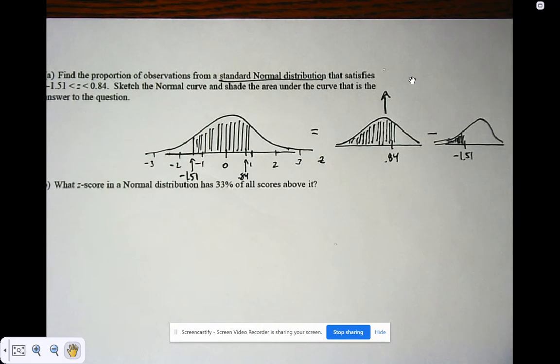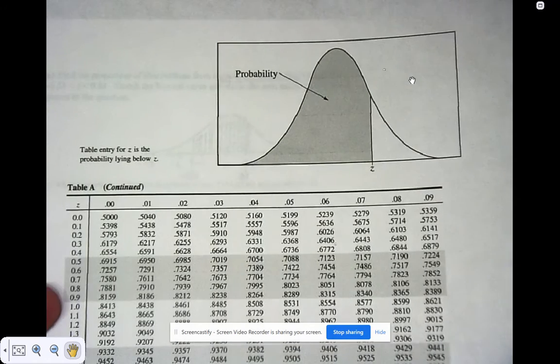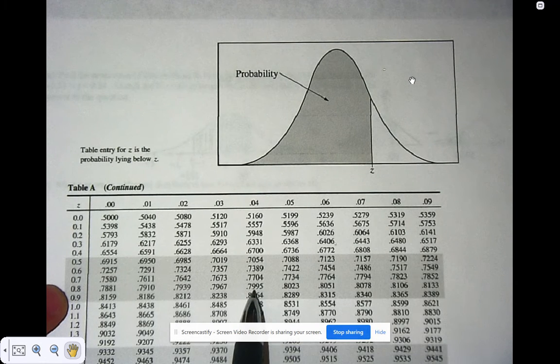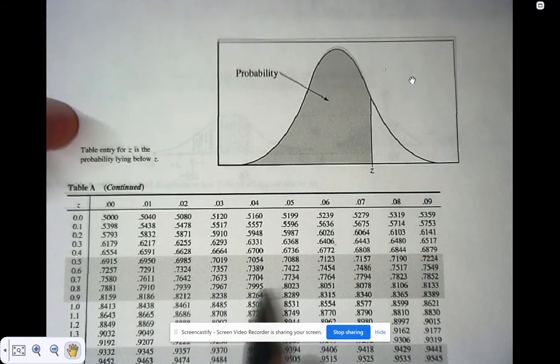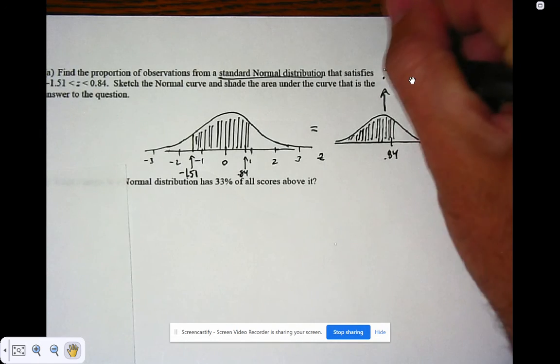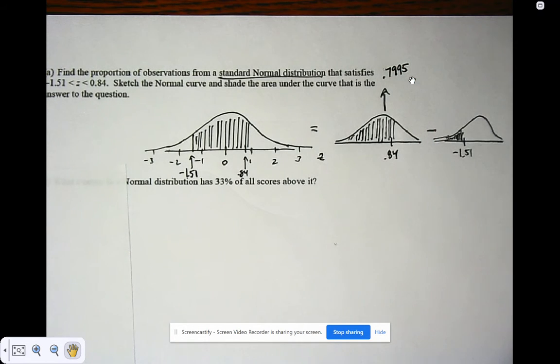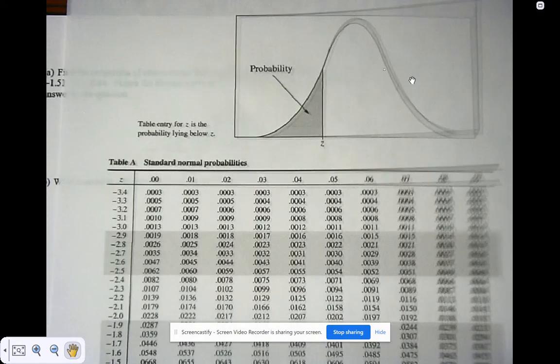Okay. And so from table A, this guy, 0.84, if you go to the back of your book, 0.8 is right here. 0.84 would be right here. Okay, you can see above my pen up there is 0.04. So that's 0.7995. This little guy, -1.51, -1.5 is right here.